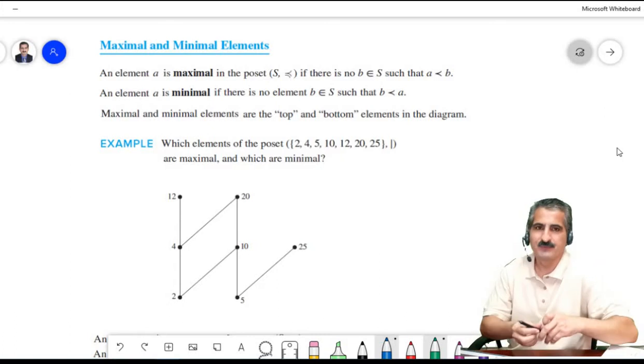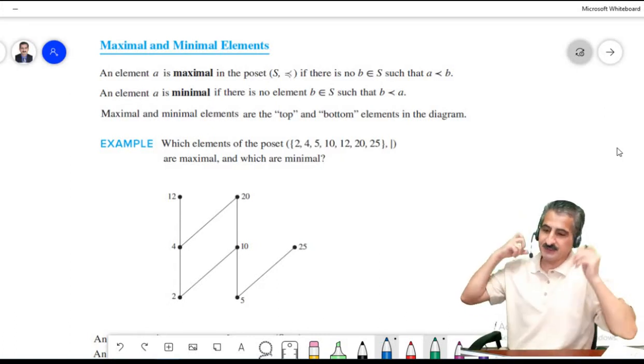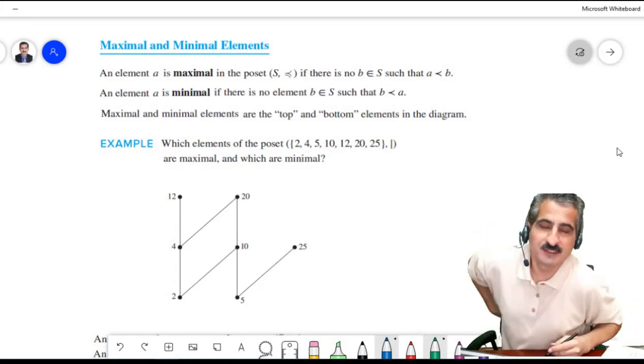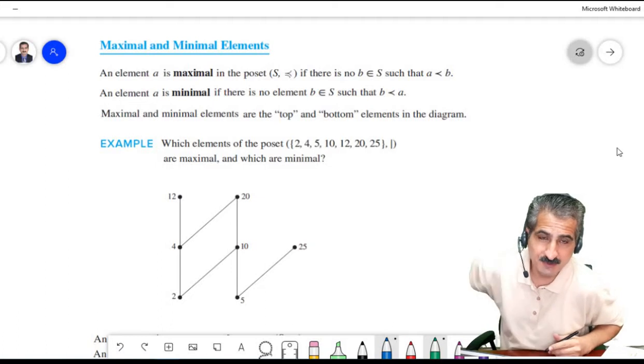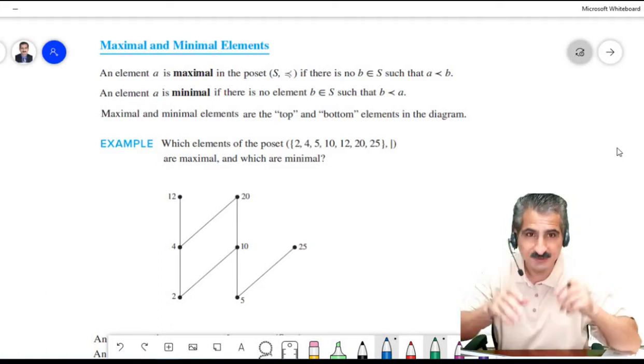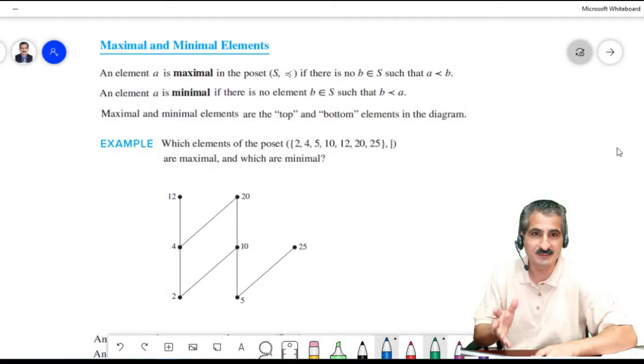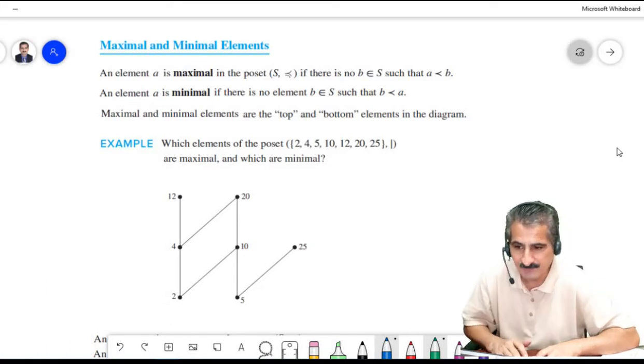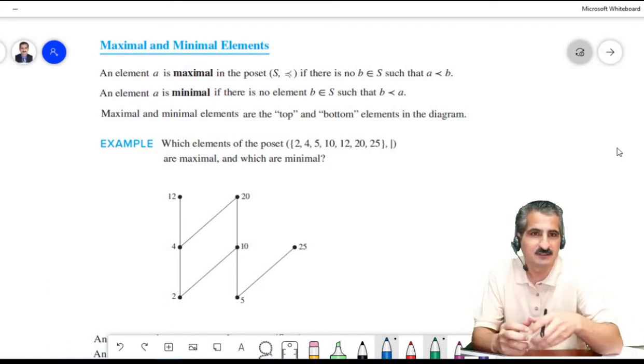So good. We learned about partial ordering, which means some elements are less than or equal to others. And now again, less than or equal here does not necessarily mean less than or equal in the usual sense that we know between integers, but it might represent inclusion, it might represent division, it might represent any relation.